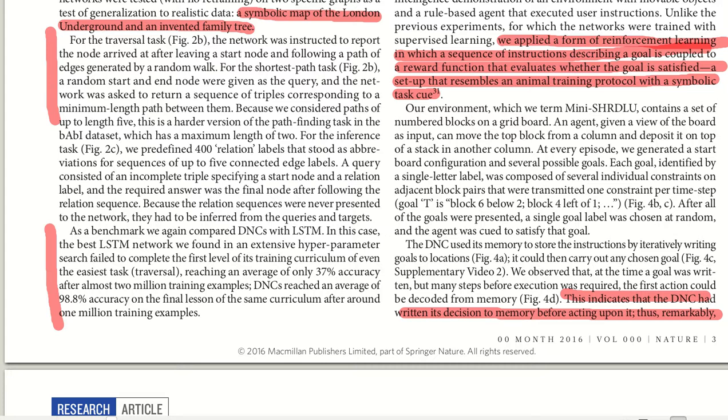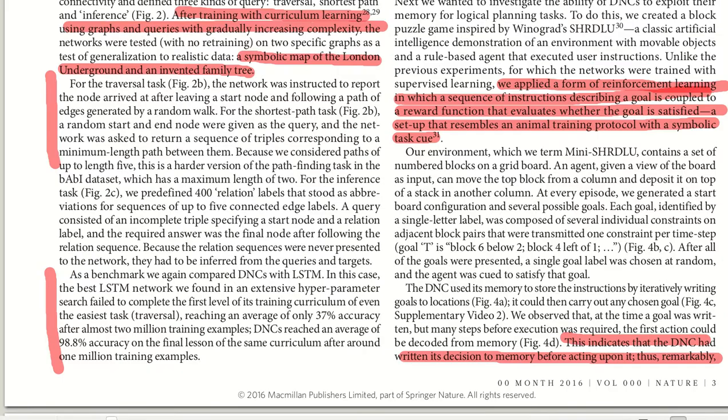They say that they did an extensive hyperparameter search, but they don't say if they did a hyperparameter search for the DNC, which is weird. But they did say that for both they did curriculum learning. Otherwise, even with this very good architecture, the DNC, they still wouldn't be able to perform well on these tasks. And it's a pretty big jump in performance on these tasks.